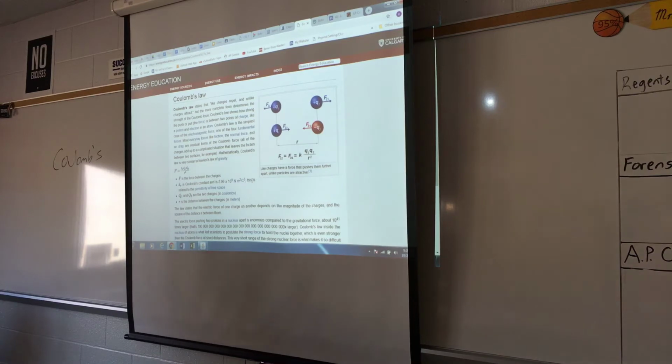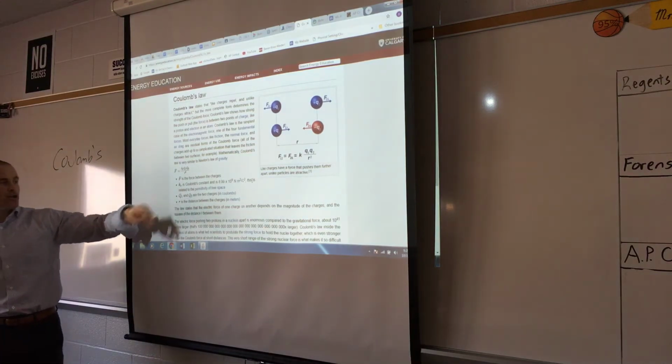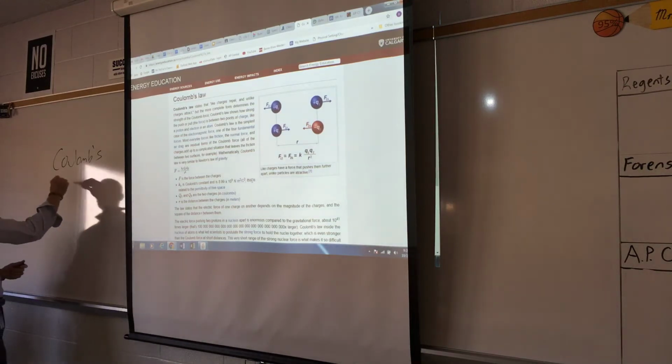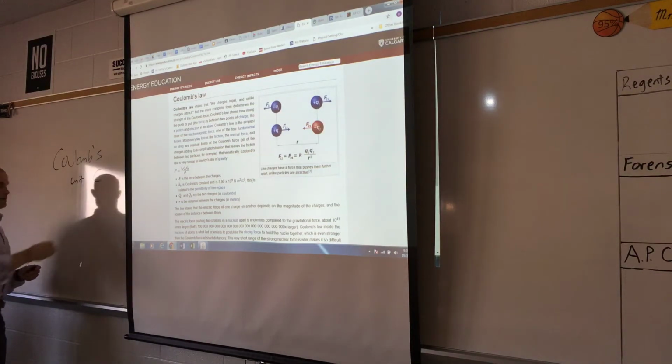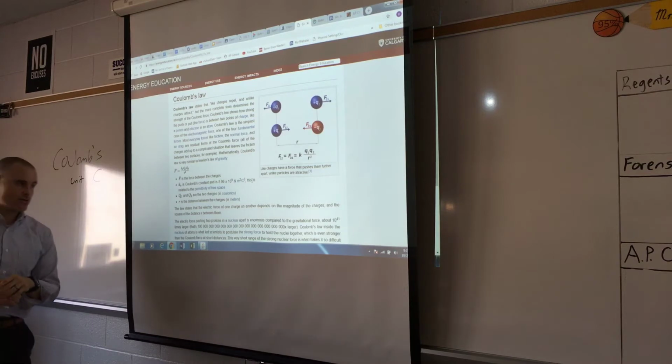So K is a constant, and we don't need the numbers right here, but you don't really need to know it. Q1 and Q2 are the two charges. And the unit on that is coulombs, or capital C. And then R is the distance in meters.